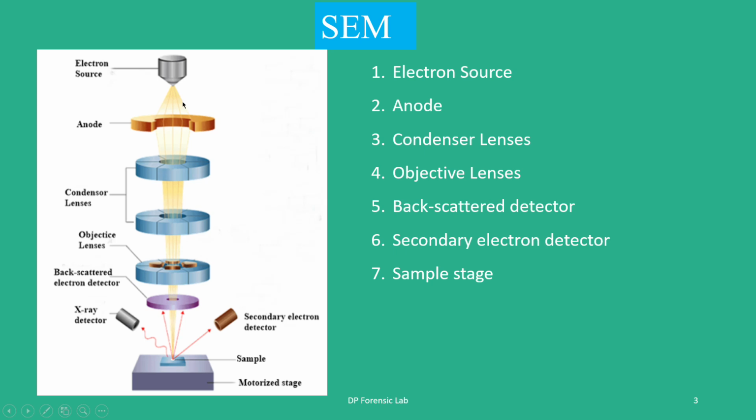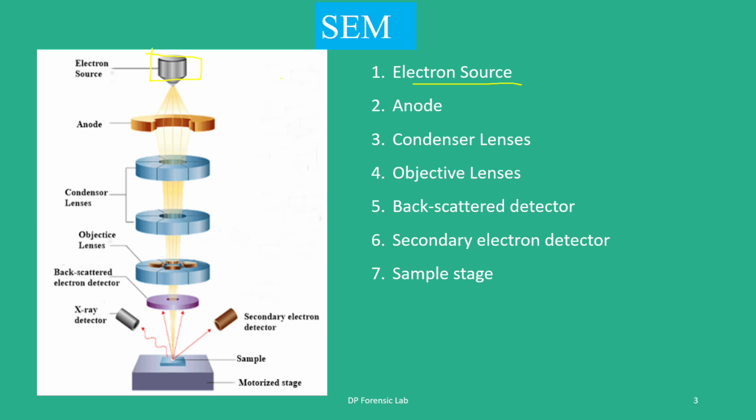First, the electron gun. The electron gun is used to generate the electrons. It is a special type of electron gun. Different types of electron source are available.